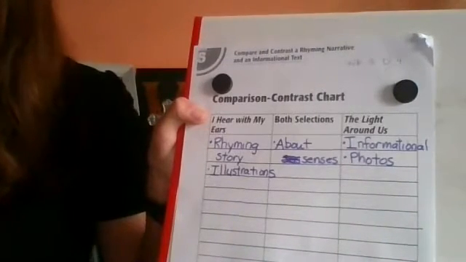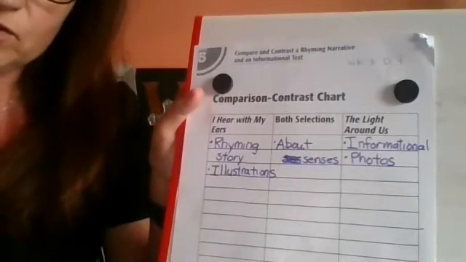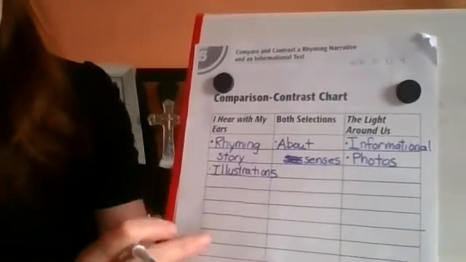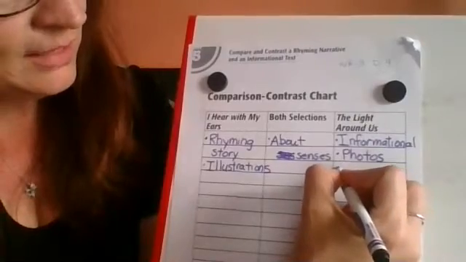Okay, and then also something that The Light Around Us had in it that was not in I Hear with My Ears was the table of contents and glossary, index. It had those text features that our I Hear with My Ears rhyming story didn't have. Okay, so that's going to go over with The Light Around Us.